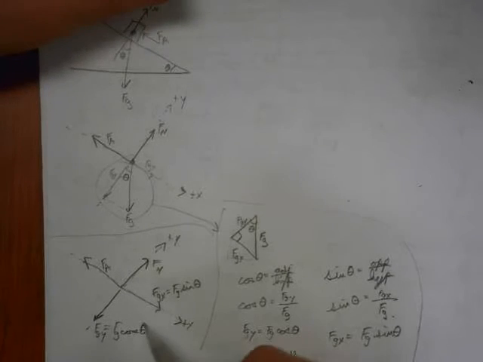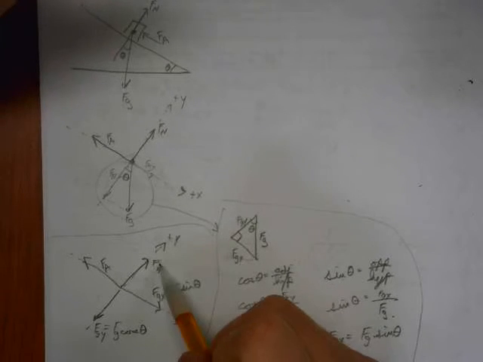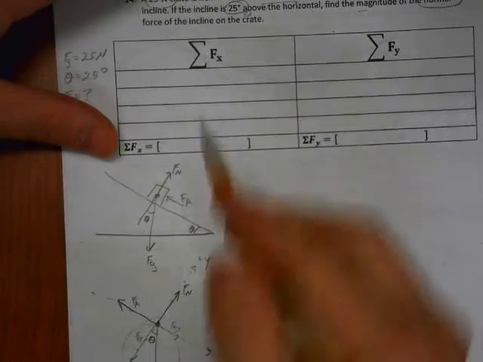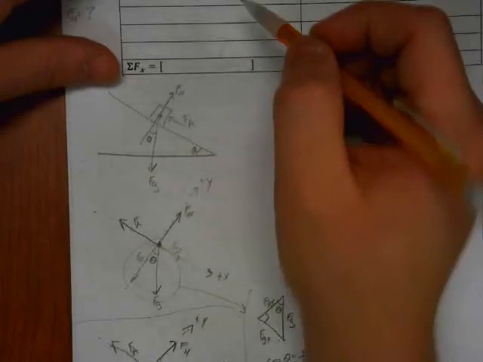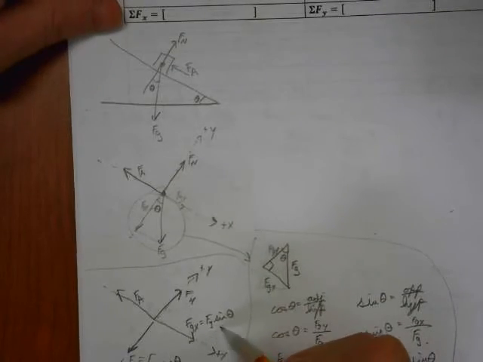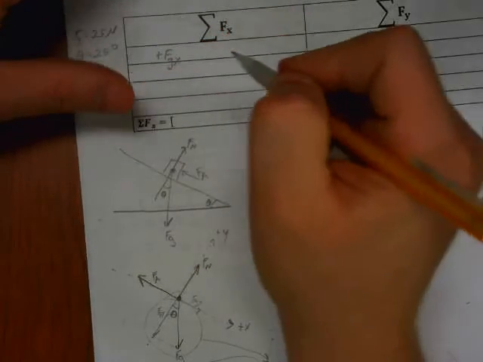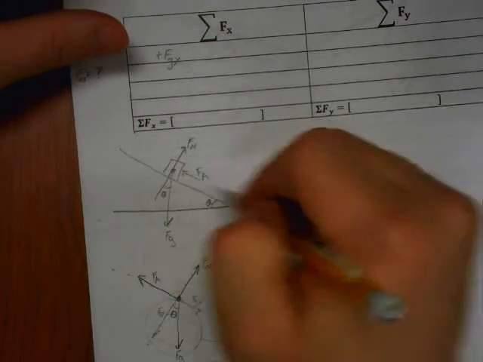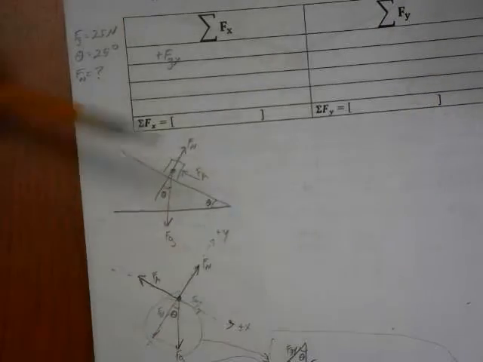So now we just have four vectors that need to be added: FN, FGY, FGX, and FA. So I'll go back to my chart here. In the x direction, FGX, we saw down here, is FG sine of theta, and that is positive, just because we choose the positive x direction to be to the right, down the incline, this way.